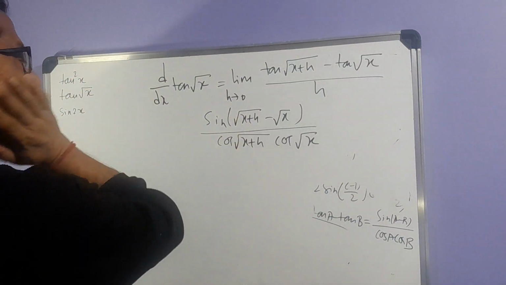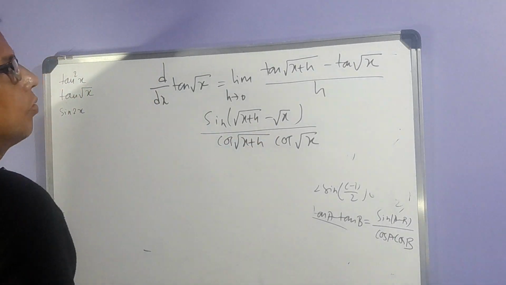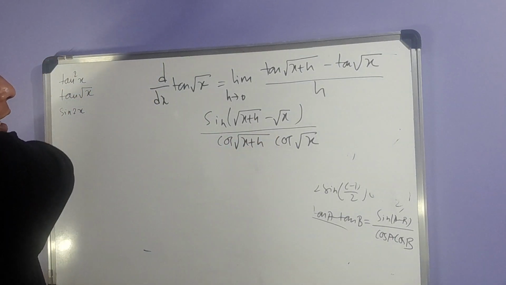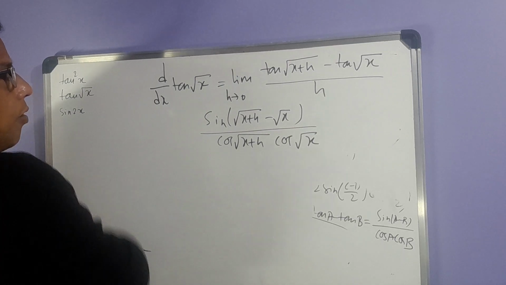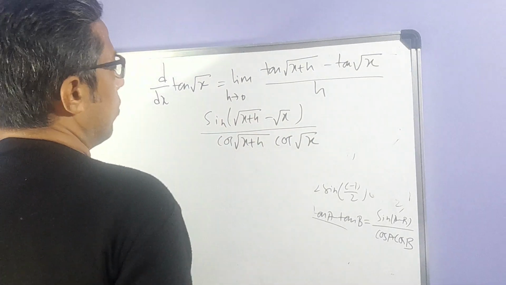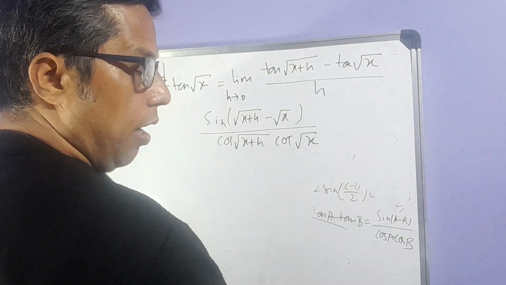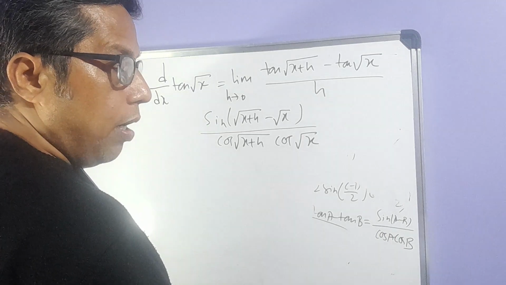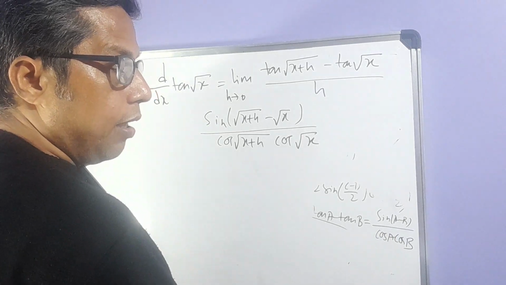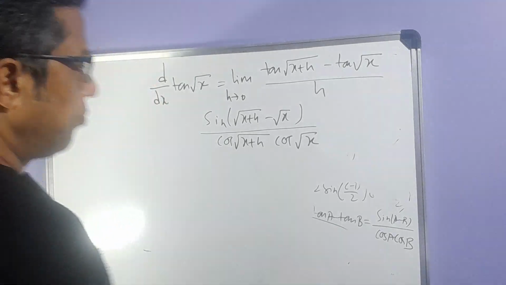Now what about the sine of root x plus h minus root x? You have to take the rationalized formula. As all of you know, we have to rationalize this one, root x plus root over of x plus h minus root x. If you rationalize this part, you will definitely get the answer, right? So these are the things you can try.